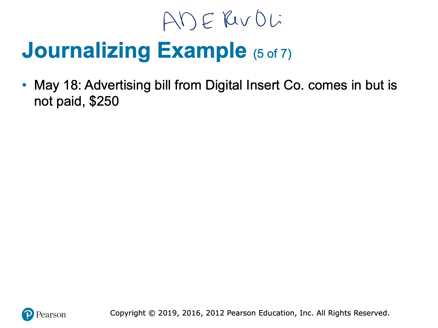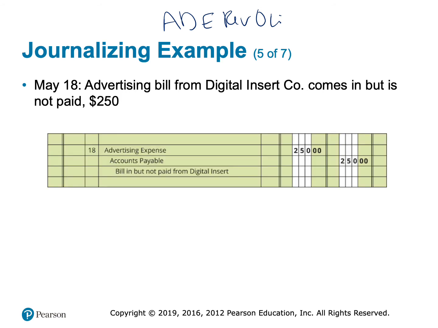And therefore I would want to debit advertising expense. Remember, expenses are always debited. So I want to debit advertising expense to show that this is a resource that I've used up. And then I'm going to credit the liability to show that I'm going to pay this later, probably next month. I'll probably pay it in June.